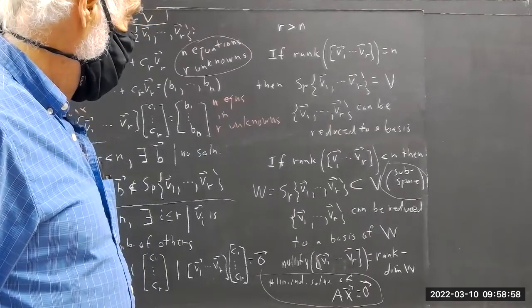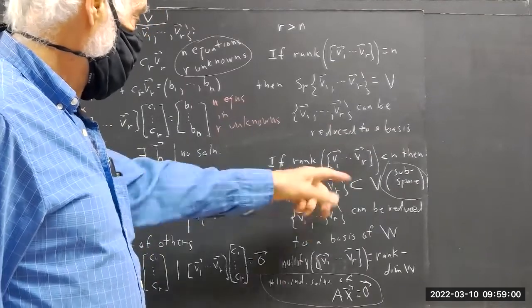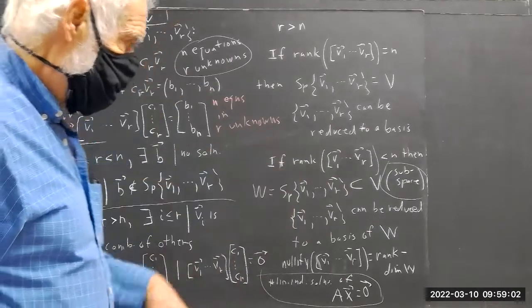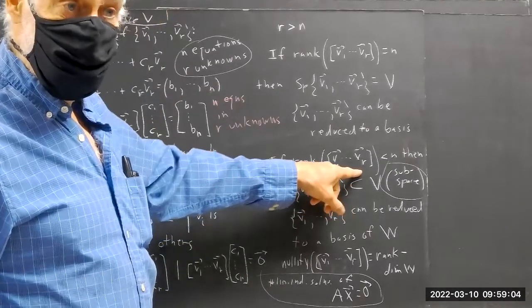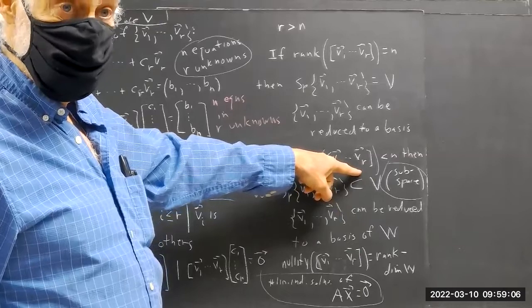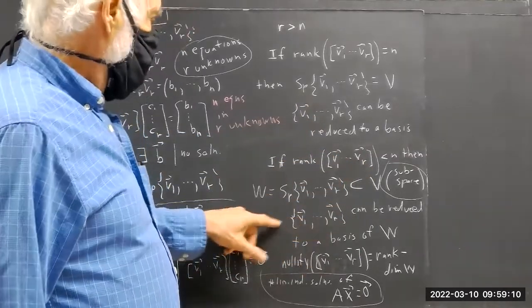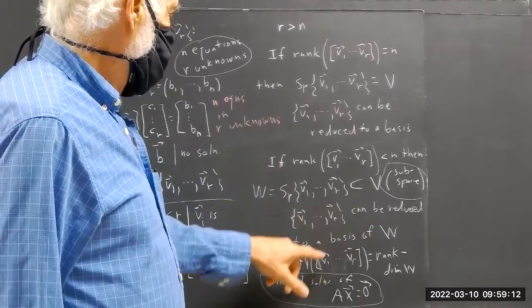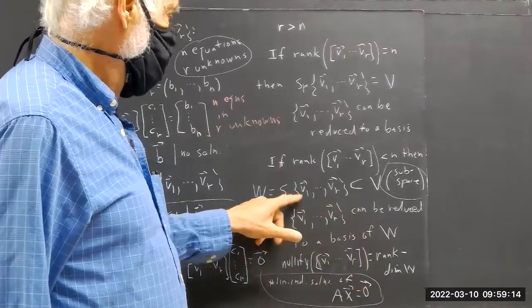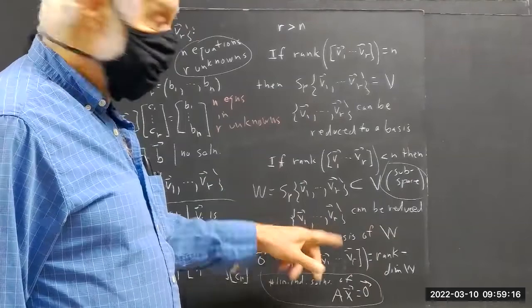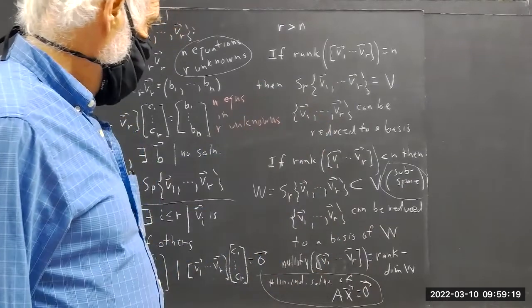No, never mind. I didn't say the rank was R. Probably should have used something besides R so I wouldn't confuse myself and everybody else. So again, this can be reduced to a basis of a span in the same way this could.